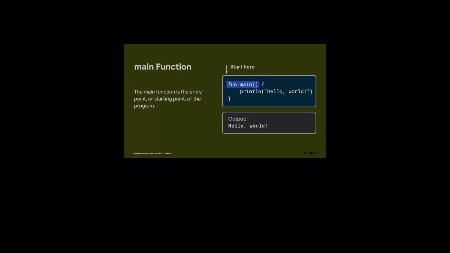You can see the syntax. In order to define a function, you have to use the keyword fun. This is one of the convenient features of Kotlin compared to Java. In Java, if you want to write a function, first you have to define a class, and inside the class you have to define the function.